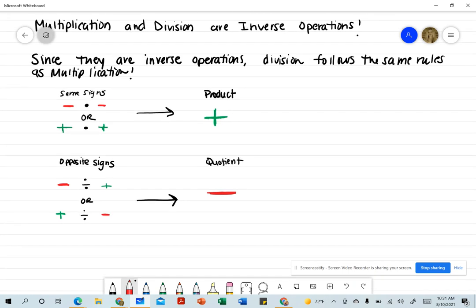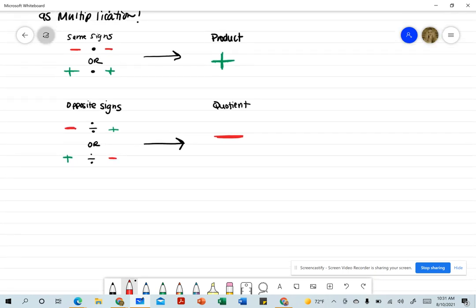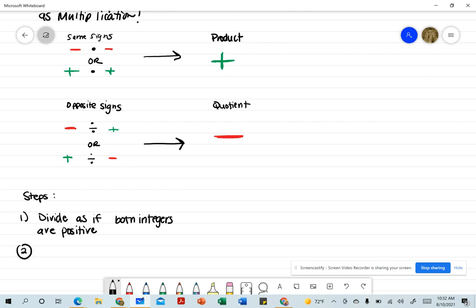So, just like before, what are your steps? You divide as if both integers are positive. Step 2, you check the quotient sign based on division rules.